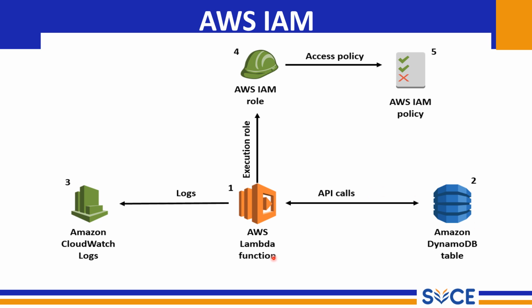Once the request has reached through the Lambda function, it has to search the CloudWatch logs to see whether they are available or not. If so, the execution role goes to the AWS IAM role, and from there the access policies will be given, whether it can be accepted or rejected. Okay, so this is all about the AWS IAM role.